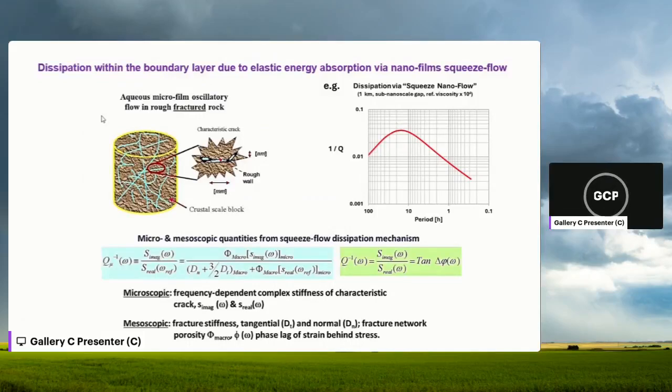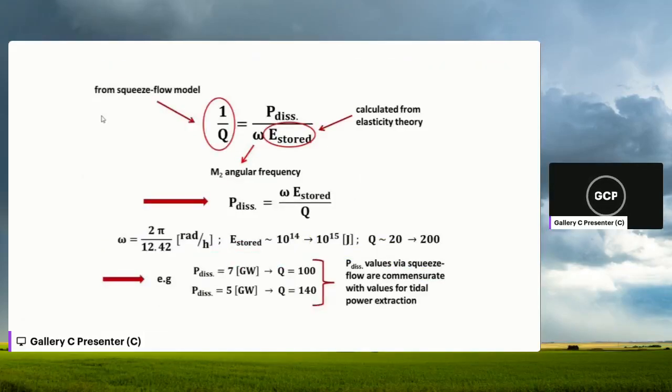Okay. No, so at the end of the day, when all the dust settles and the calculations are done, I obtained these Q curves. One of the Q curves has a maximum around the natural period of the system itself. Then I have calculated that with realistic values, as realistic as possible, and I have calculated the power dissipated this way.